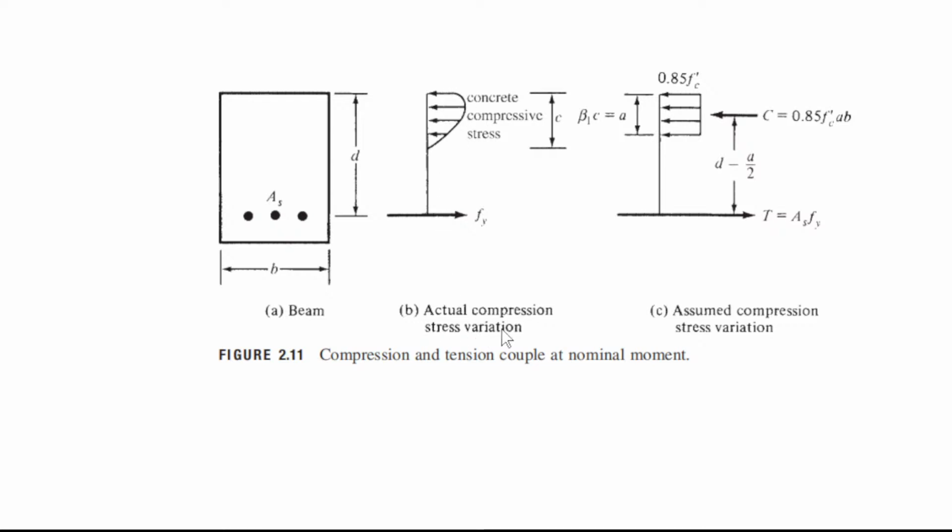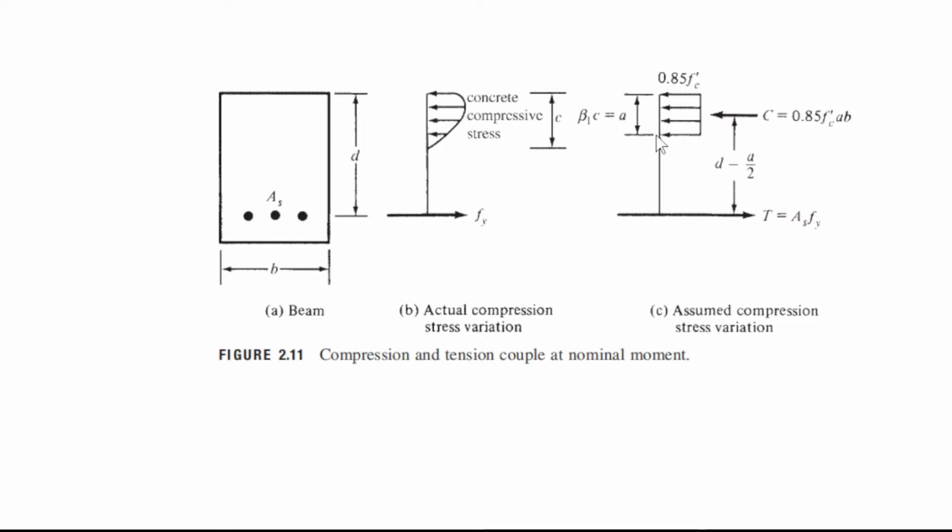This is the actual compression stress variation. But since this is very hard to model, very hard to formulate into a mathematical equation, we will estimate the shape. We are creating a simple shape model to represent this complicated actual variation, this actual characteristic.